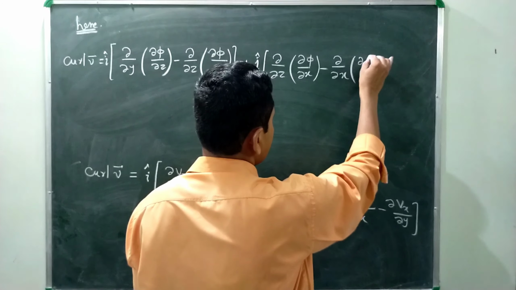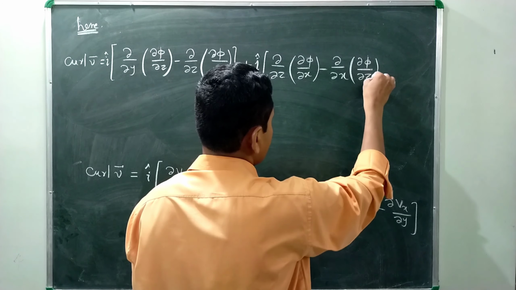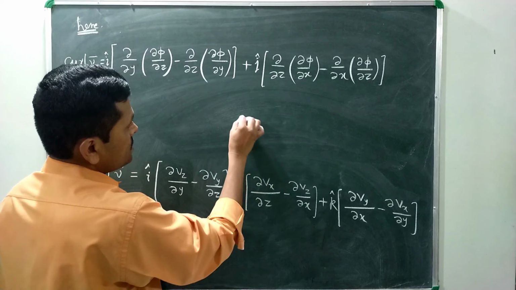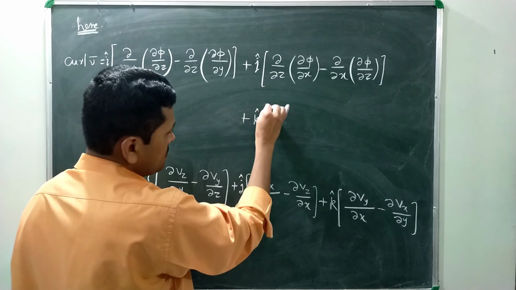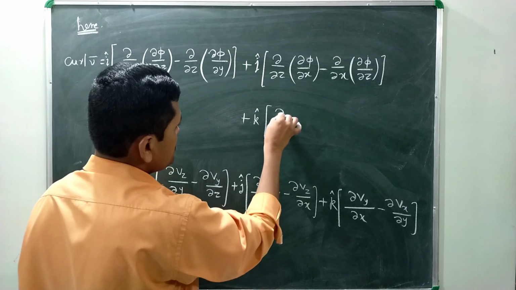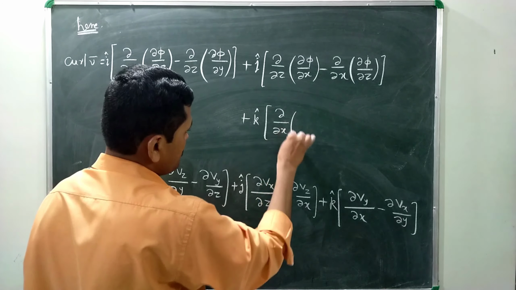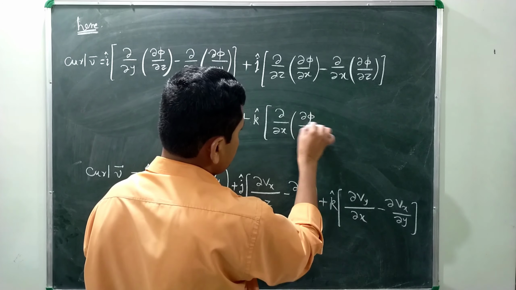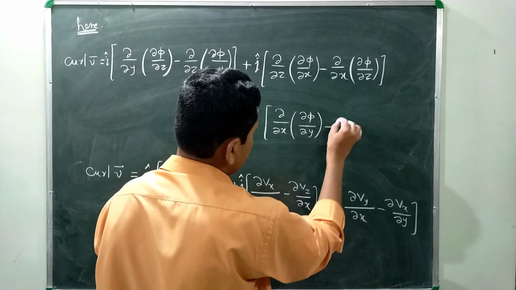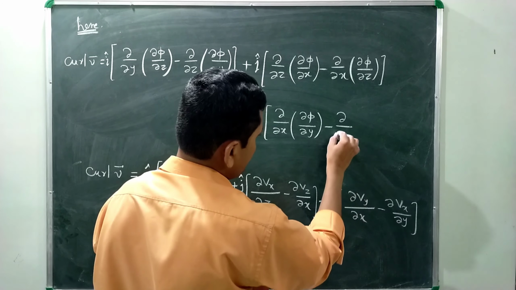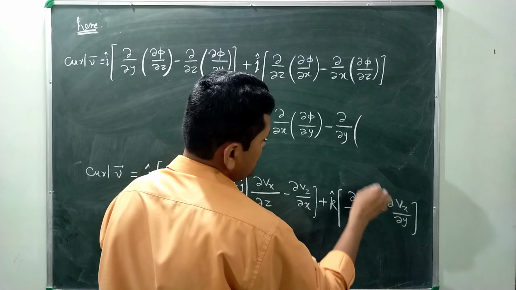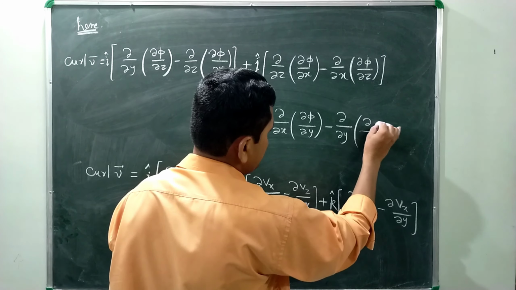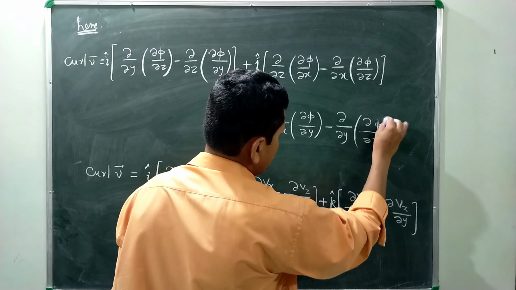Vz means dou phi by dou z, plus k cap dou by dou x of Vy means dou phi by dou y, minus dou by dou y of Vx means dou phi by dou x.